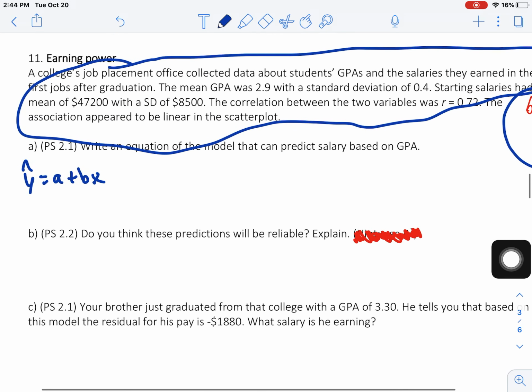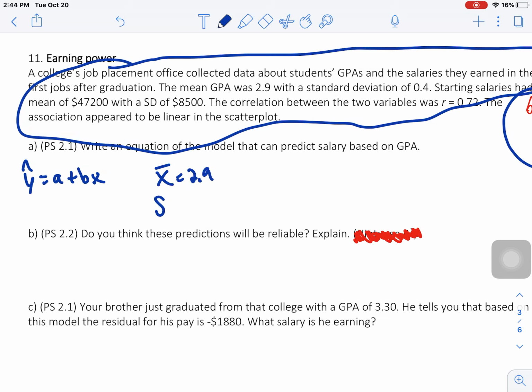So I'm just quickly going to write down what they gave us. They gave us that the average GPA was 2.9 with a standard deviation of 0.4. And we have the average salary at $47,200 with a standard deviation of 8,500.